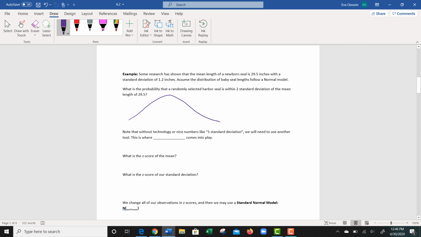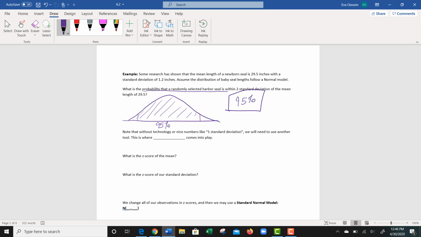Using the empirical rule, we know that 95% of seals are going to fall within those 2 standard deviations. So the probability that we randomly select one within that range is 95%.